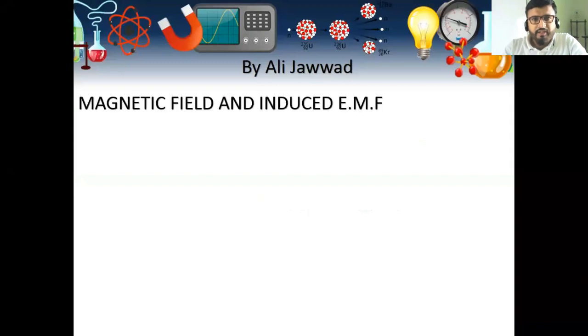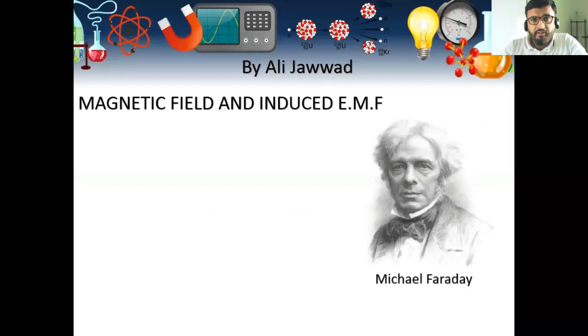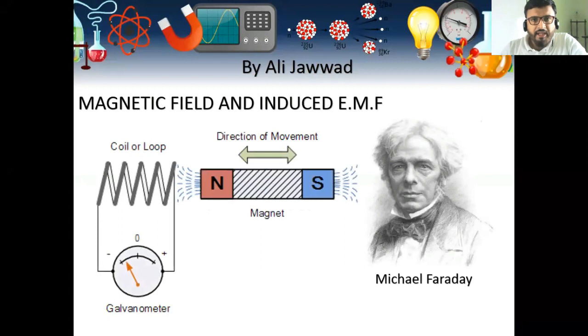As we discussed in lesson 1, Michael Faraday proposed a law which is famous as the law of electromagnetic induction. He says whenever a magnetic field changes through a coil, an EMF or voltage is induced. So this is the basic principle of constructing an AC generator. Let us see how.